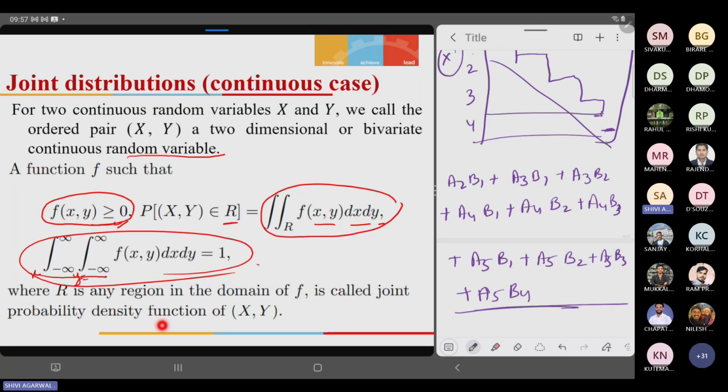Okay, so then it is known as the joint probability density function for x and y here. And this is the domain because it belongs to R, so we are integrating over this domain R here.